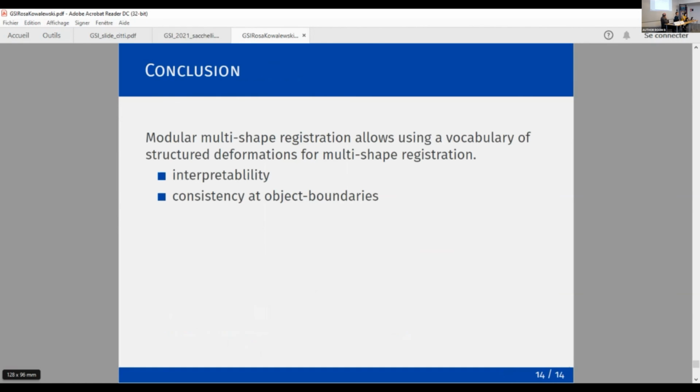So to conclude, our framework of modular multi-shape registration uses a vocabulary of structured deformations for multi-shape setting. The deformation modules allow easy interpretability of each of the deformations in each subshape, and we can enforce consistency at the boundaries according to the application.